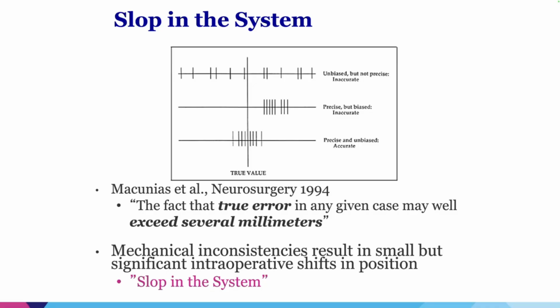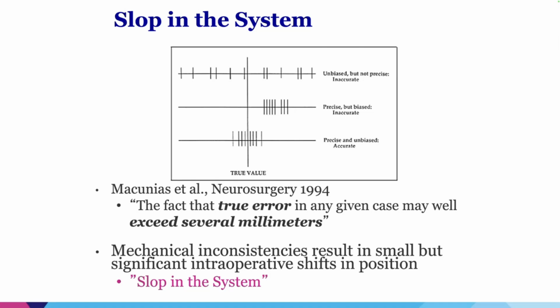Obviously, the first example, unbiased and not precise, is an inaccurate system. That's not what a head frame is. But head frames tend to be precise but biased, either due to handling of the frame or the other equipment that we attach to the frame, like microelectrode drives, which are not designed for the head frames.